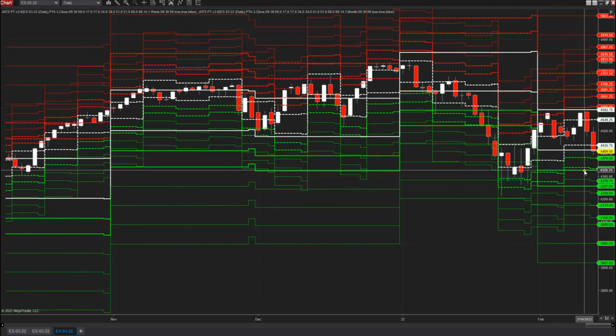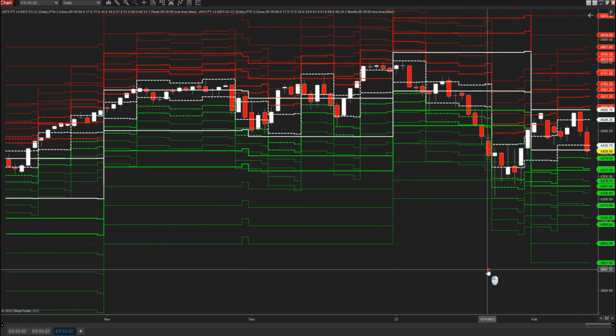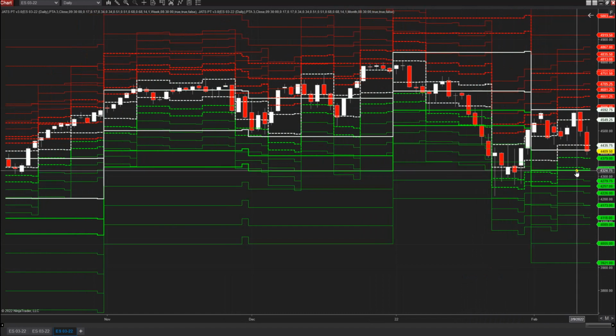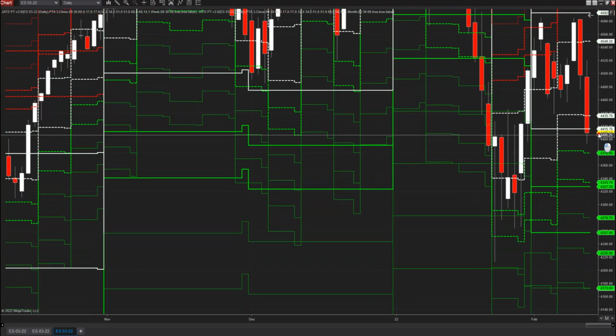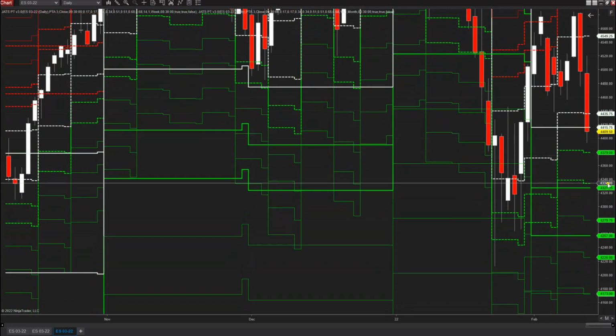And the monthly 2 is sitting on the weekly 3 for next week, right there. So 43.27.25 and 43.33.75. Looks like a confluence area if it gets past the 43.79.